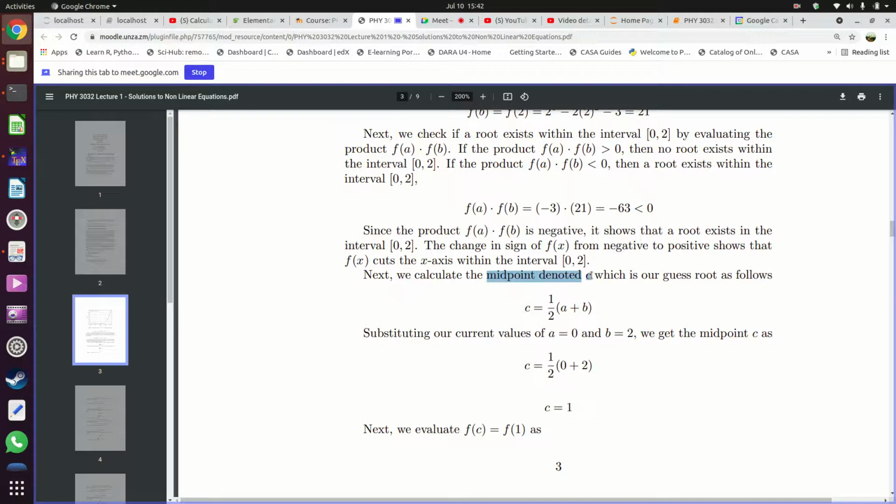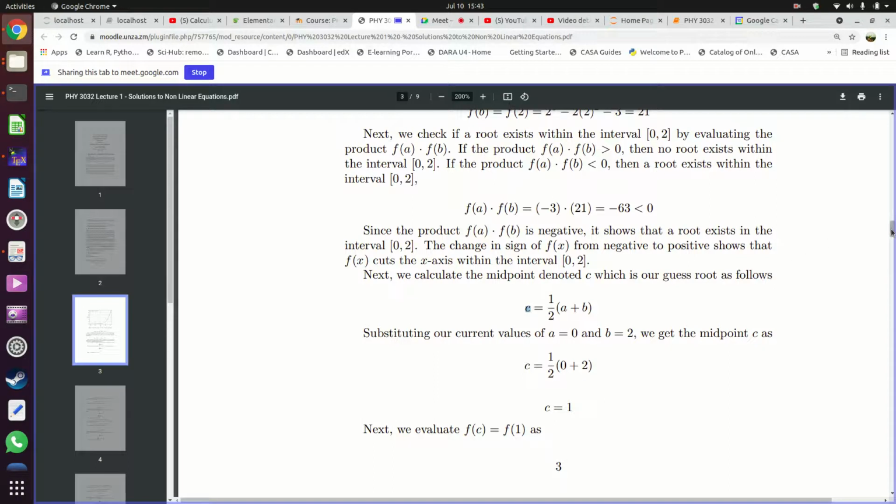The way you guess the root is simply by adding the lower interval and the upper interval, a plus b, then you divide by half, and you get what's called c, which is the midpoint. So always, with bisection, you guess the root to be the midpoint of your interval. Are we clear?